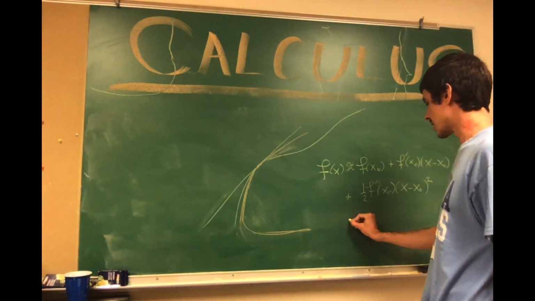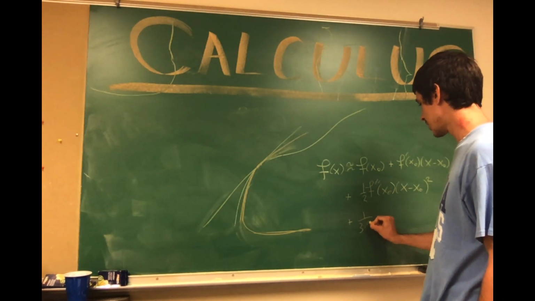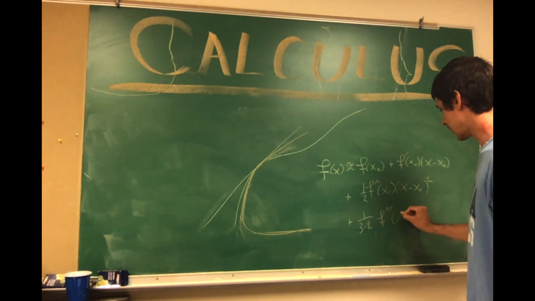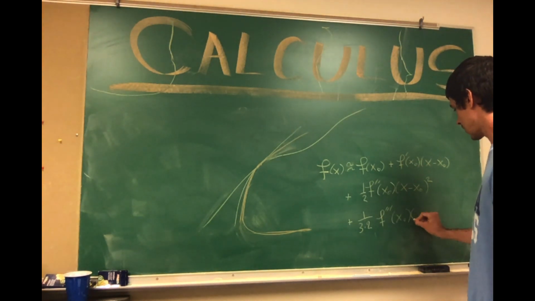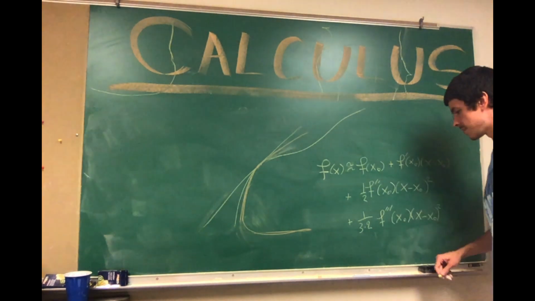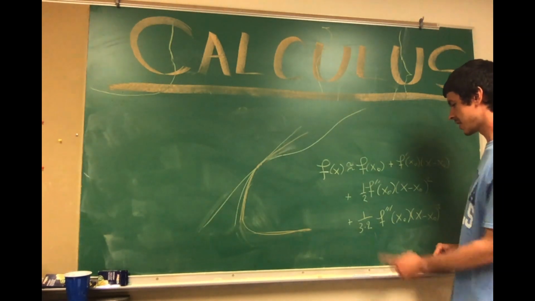And what it is going to be is 1 over 3 times 2 times the third derivative of f, times x minus x0 cubed. And why the 3 times 2?